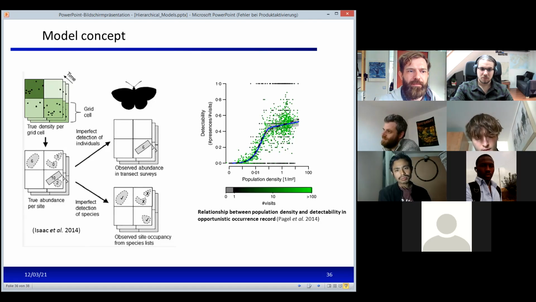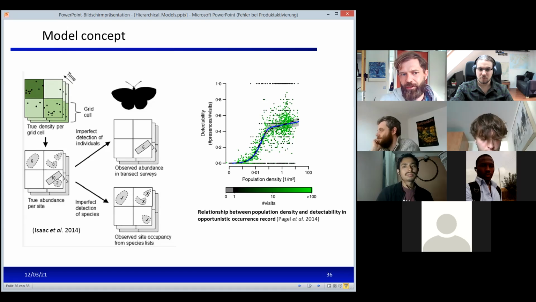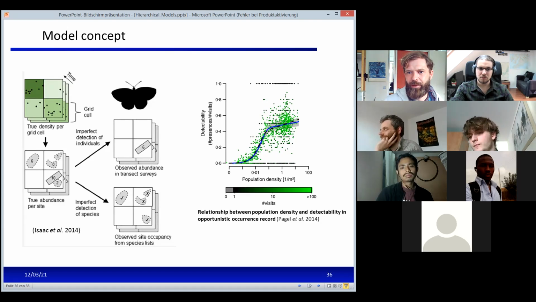An additional challenge from real presence-only data is that we don't have any information on how often people went to certain areas, and we don't have any direct estimate of the sampling effort.